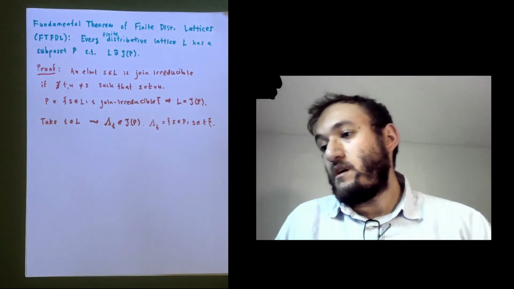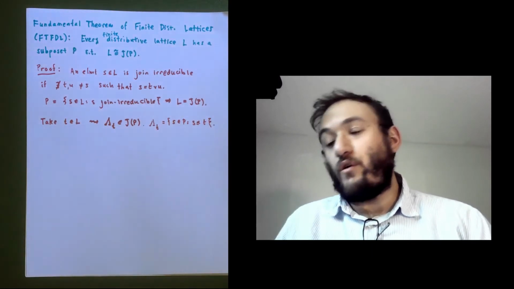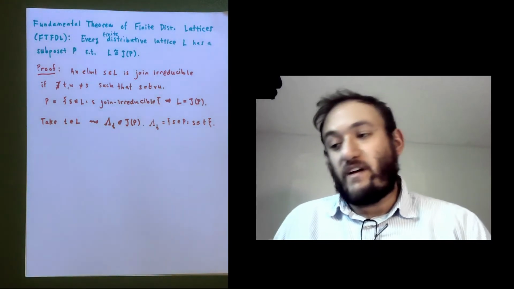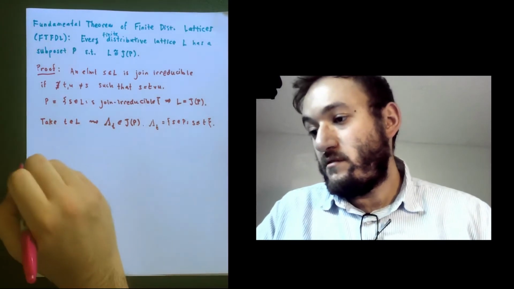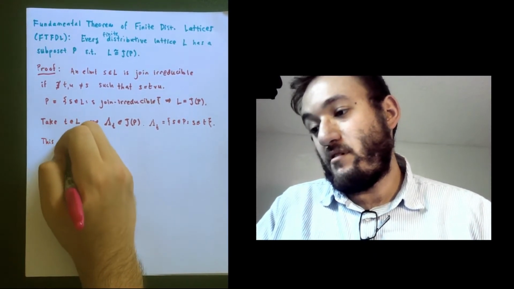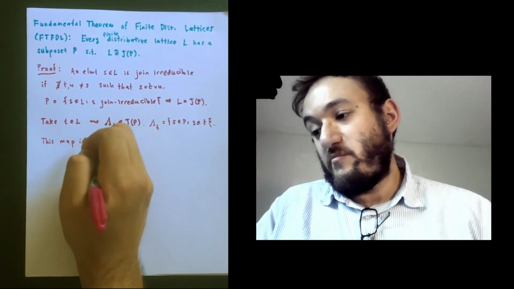And our claim is that every order ideal corresponds to a principal order ideal defined in this way. So we claim that this map is a bijection.